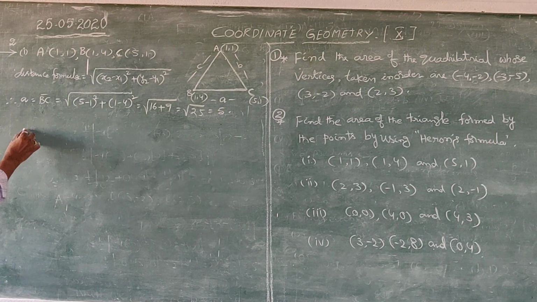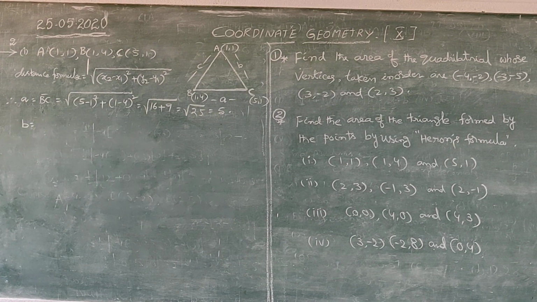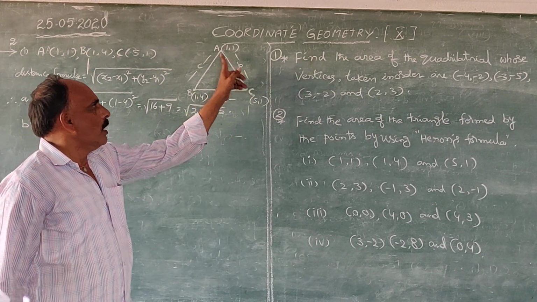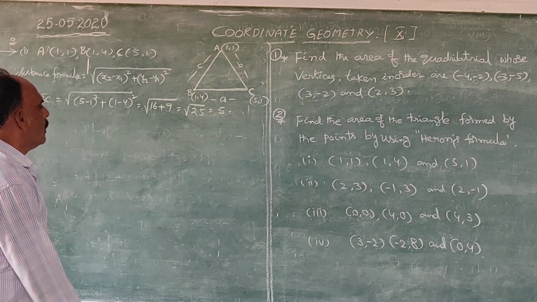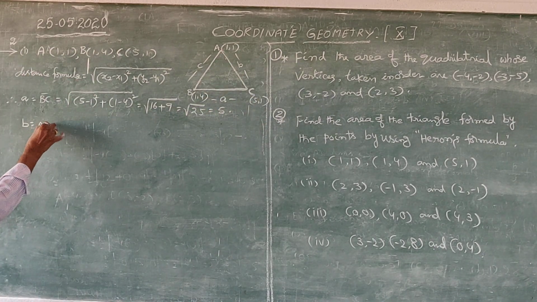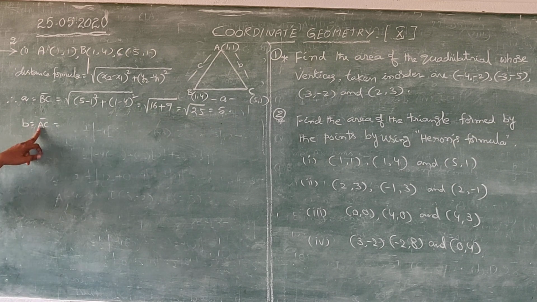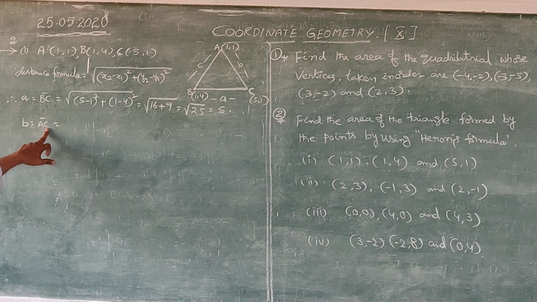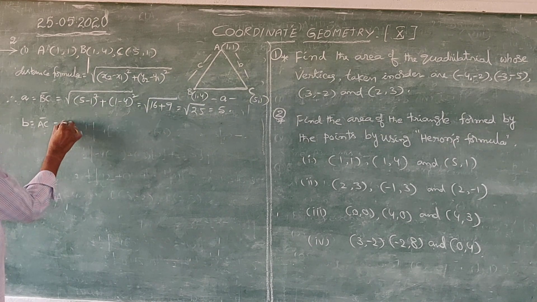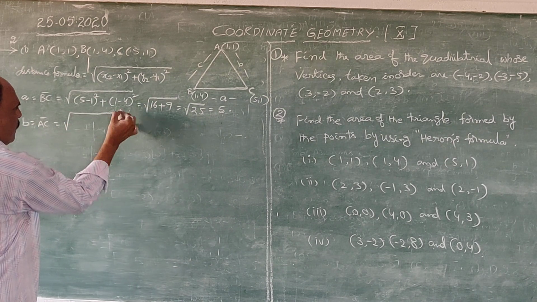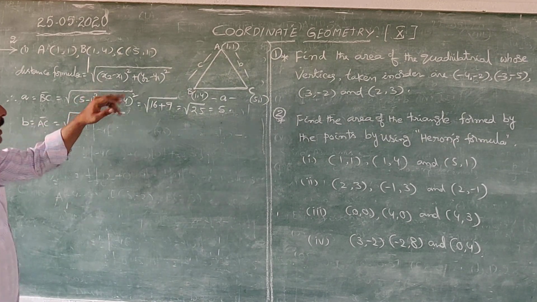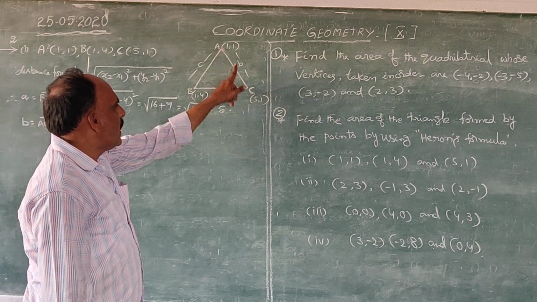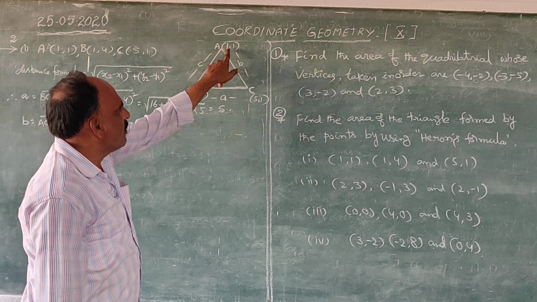The next one, small b. b is equal to the length of AC. Now take A as (x1, y1) and C as (x2, y2). The values are substituted in the formula, square root of x2 minus x1. x2 is 5, x1 is 1.